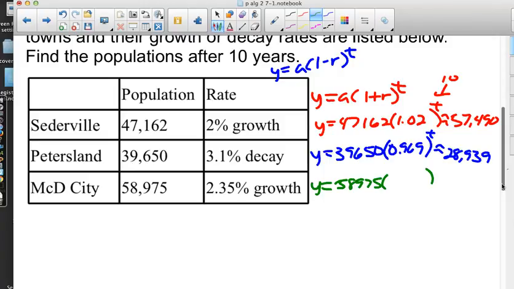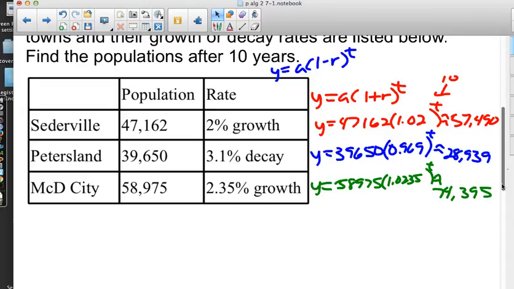So 1 plus 0.0235, to the t with a 10 in there. 58,975 times 1.0235 to the 10th power is 74,395 people. Growing big eventually. You know, Elk River is back in the news again as one of the most extreme growth populations in the state. It's just a growing suburb.